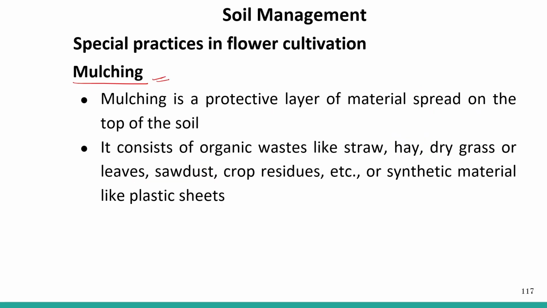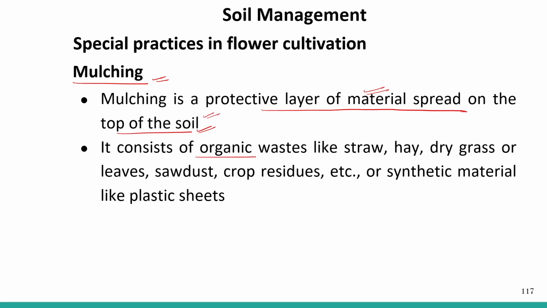Next is mulching. Mulching is a protective layer of material spread on the top of the soil. So when the soil is exposed, we can protect the layer of the soil by spreading some material on the top of the soil. So what are those materials?